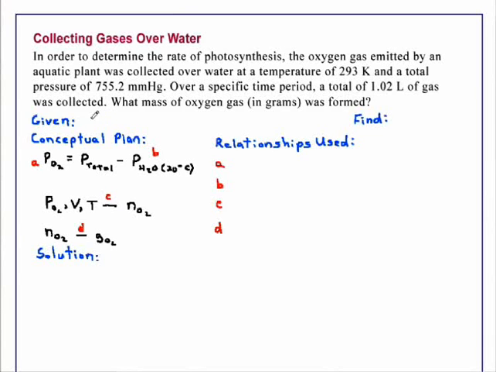In this problem, we're given a temperature of 293 Kelvin, and we're given a total pressure of gases of 755.2 millimeters of mercury in a container that has a volume of 1.02 liters.